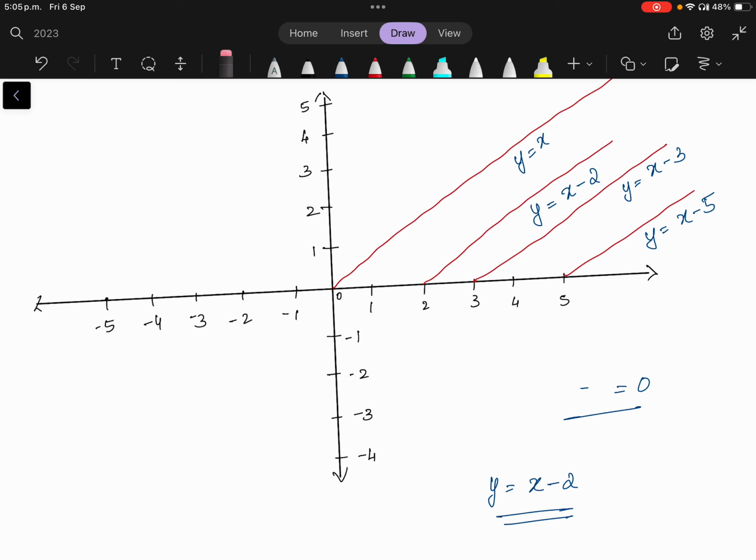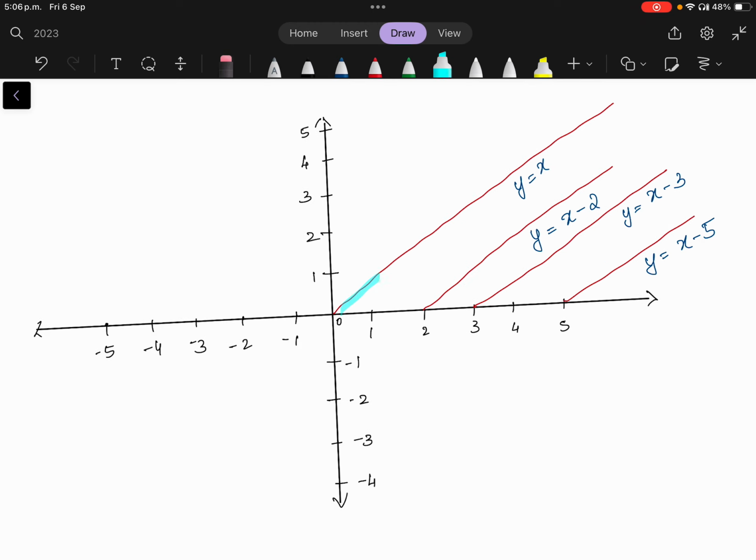Now with this information, let's take the first one, y is equal to x. For this line, if you want to extend it, it will directly go like this.